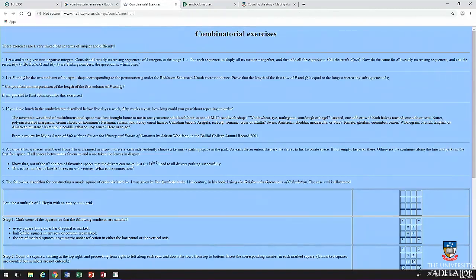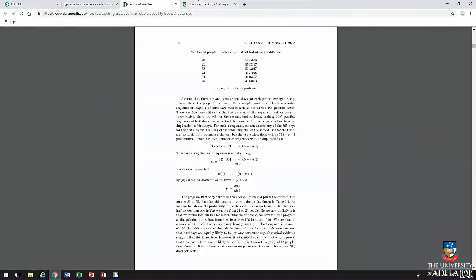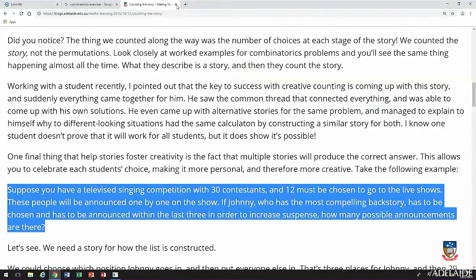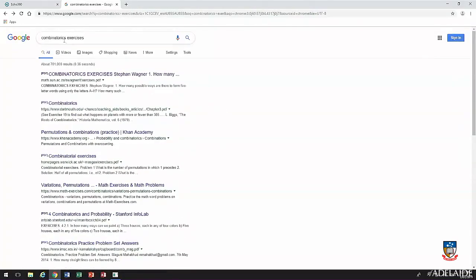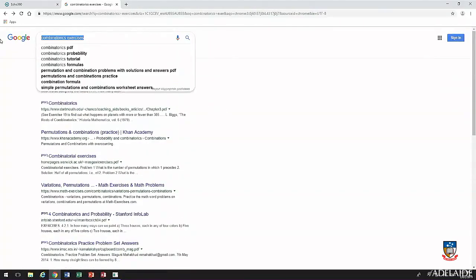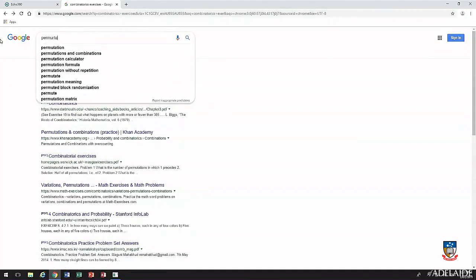Let P and Q be two tableaux of the same shape corresponding to the permutation G under the Robinson-Schensted-Knuth correspondence. This is not the right kind of page to be using. No.